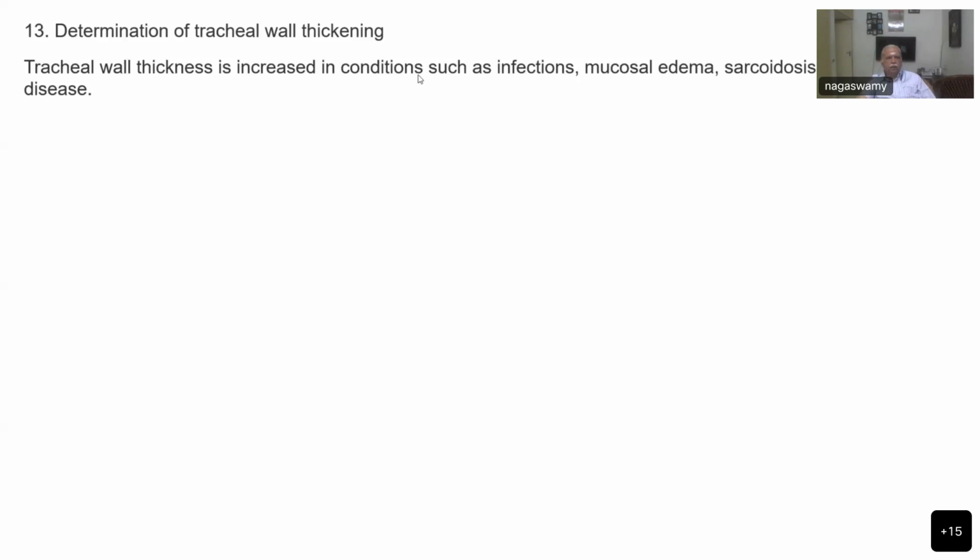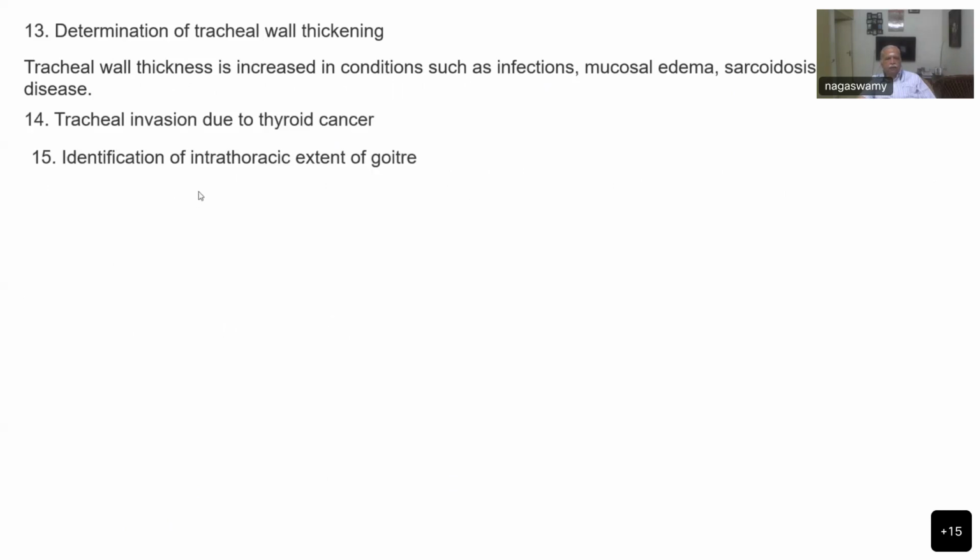This thickening occurs in conditions of infection, mucosal edema, sarcoidosis, and other diseases. Tracheal invasion due to thyroid cancer can also be detected. Identification of intrathoracic extent of goiter is another important application, so that you can know if there is a compression of the trachea behind the sternum.